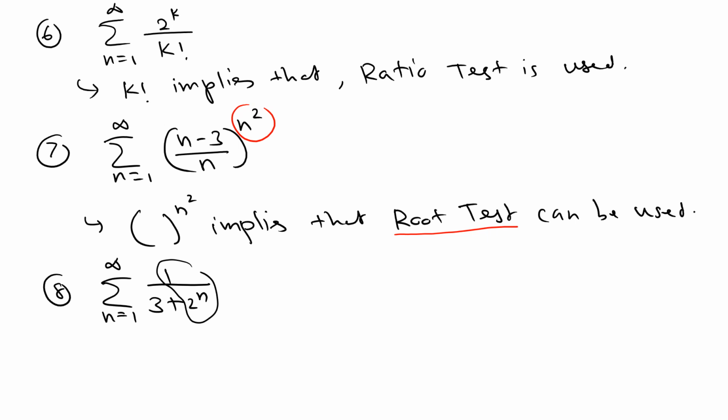That means it looks like 1 over 2 to the n. So that means 1 over 2 to the n is a geometric series. So you compare with the geometric series. So this is close to 1 over 2 to the n. All right, this is just a geometric series.